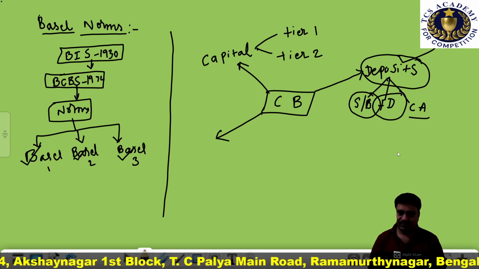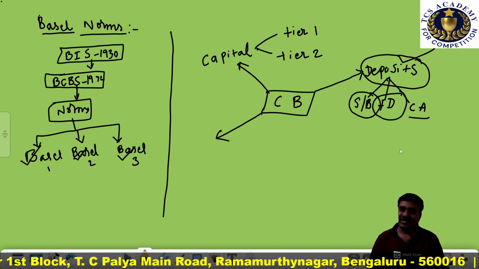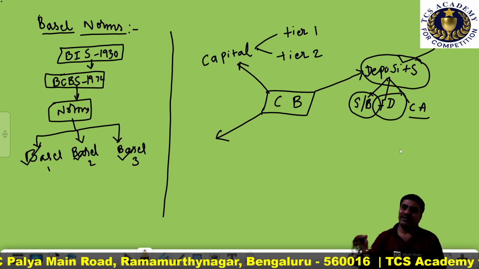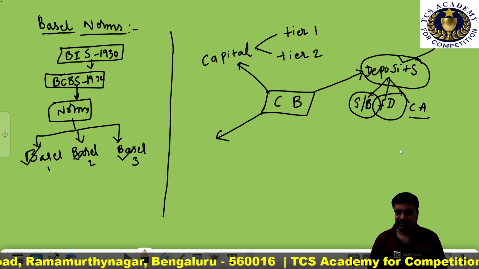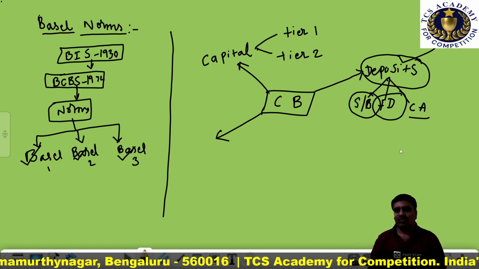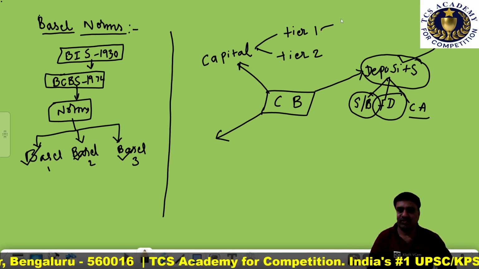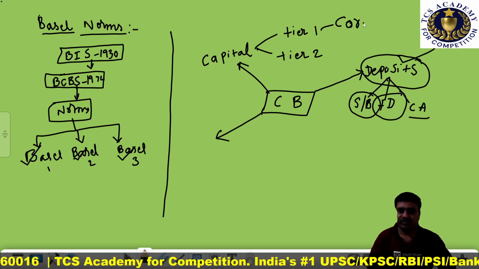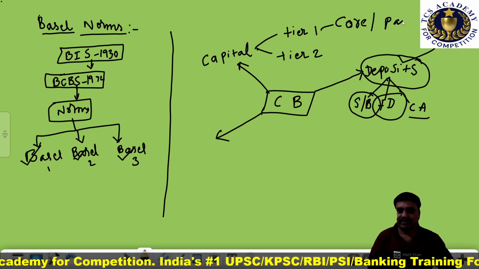So basically, what is a bank? A bank is a financial institution which accepts deposits and gives loans and advances. Is that clear? Now we come across tier 1 capital. It is known as core capital or paid up capital.